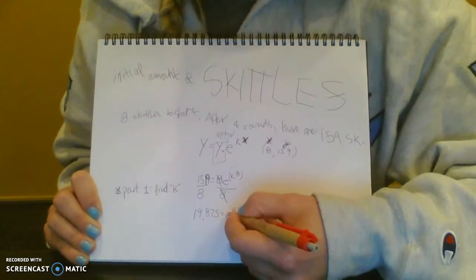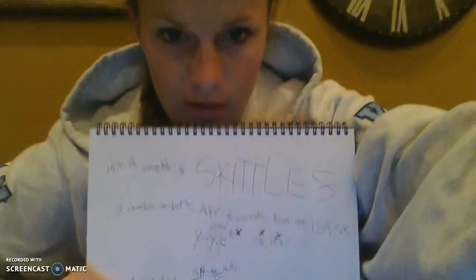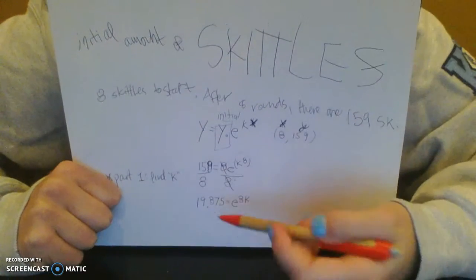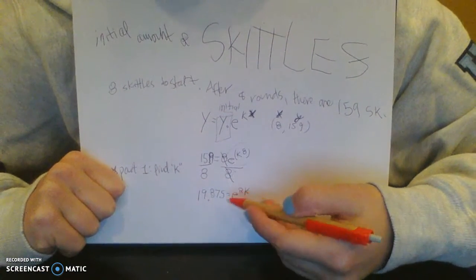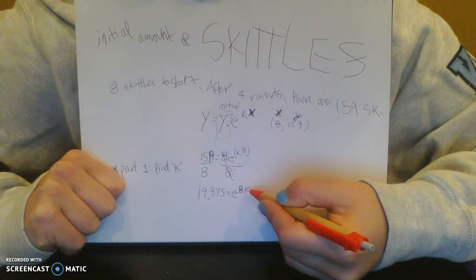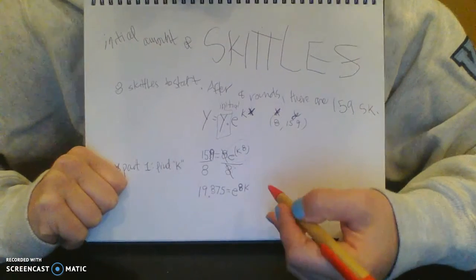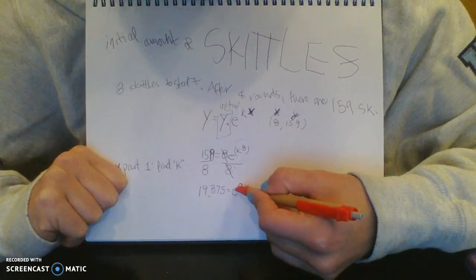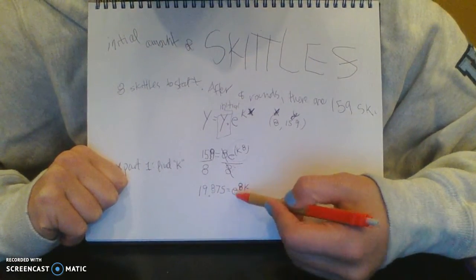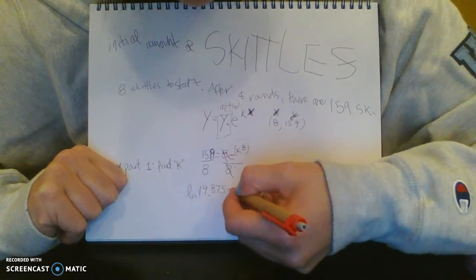Okay. Now, what's happening to my variable is that I'm raising it to a power, right? My variable is in the exponent. I undo exponents by taking the log, and so I want to take the specific log which is going to undo this base. That log happens to be the natural log.